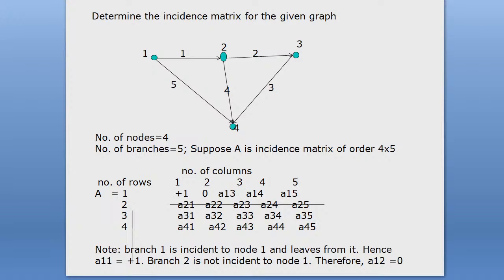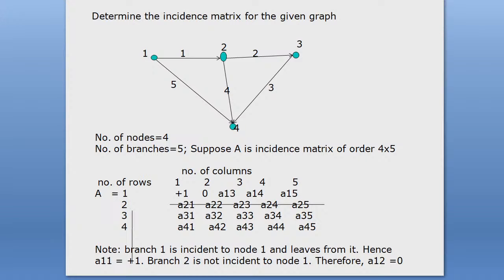Everyone must remember that incident means connected. So branch 1 is connected to node 1, but it leaves from node 1, that's why plus 1. On the other hand, branch 2 is not incident to node 1, it is connected to node 2 and node 3, that's why A12 equal to 0.